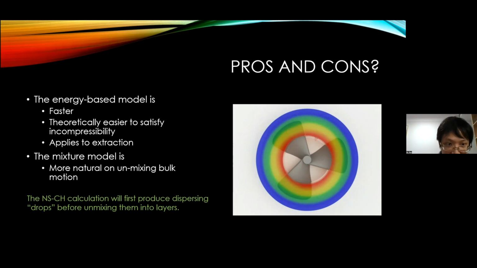The NSCH calculation will first produce dispersing drops before unmixing them into layers, but the result of the mixture model will be more natural in the layering process.